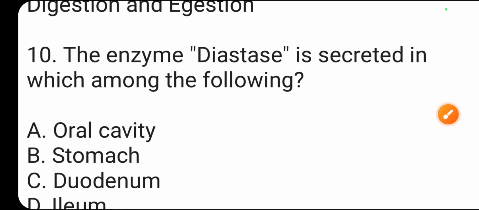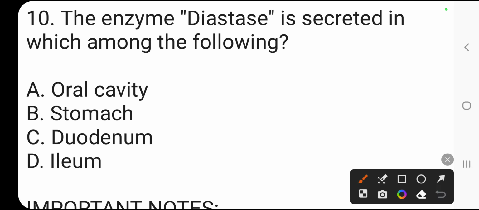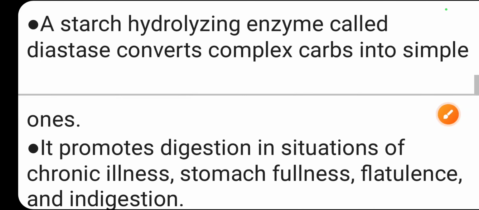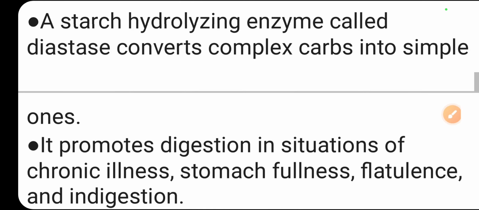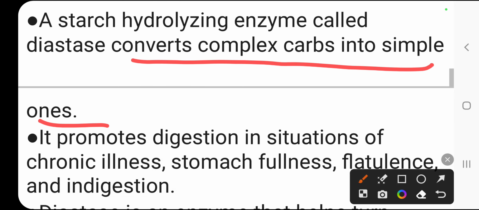Next question, the enzyme diastase is secreted in which among the following? The enzyme diastase is secreted in the oral cavity. We will see some important notes here. The starch hydrolyzing enzyme diastase converts the complex carbs into smaller ones and it promotes digestion in case of abnormalities, such as chronic illness and stomach fullness.